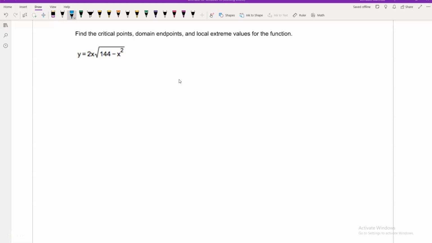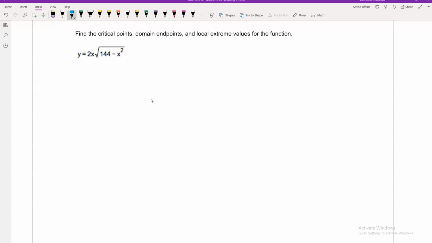Find the critical point, domain endpoints, and local extreme values for the function y equal to 2x times the square root of 144 minus x squared. A critical point is an interior point of the domain of function f where f prime of x is 0 or undefined.